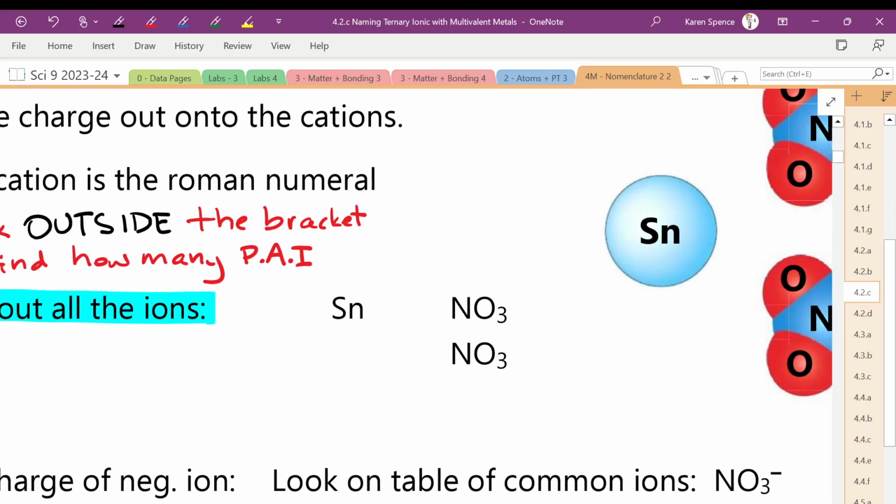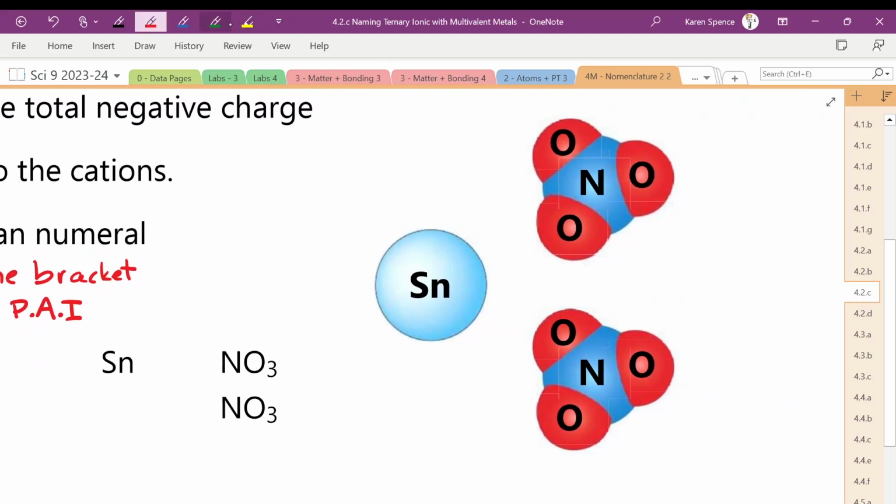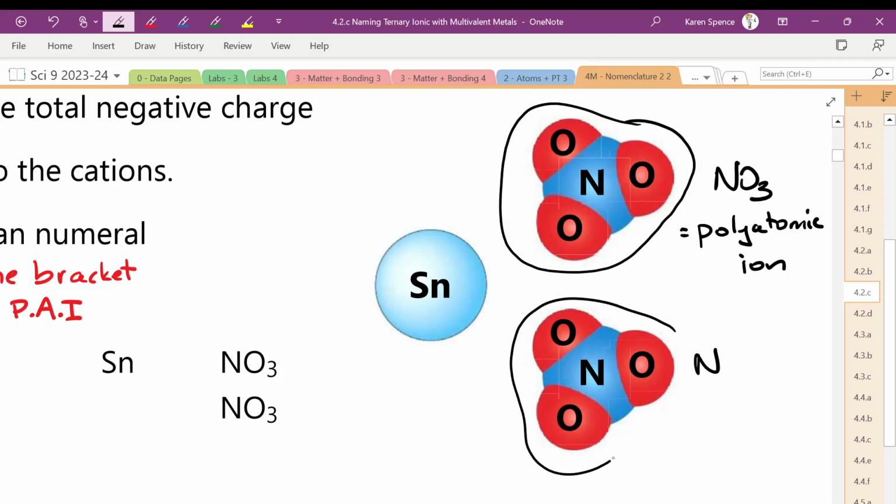And if you want to know what that would actually look like, we would have NO3, which is a polyatomic ion, and we would have NO3, which is a polyatomic ion.